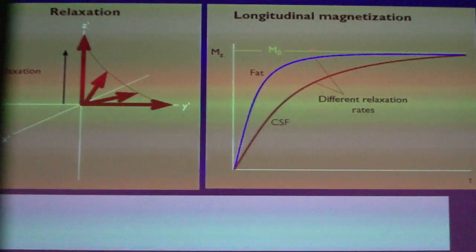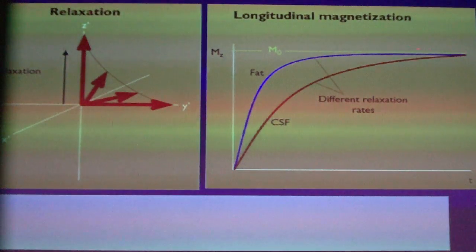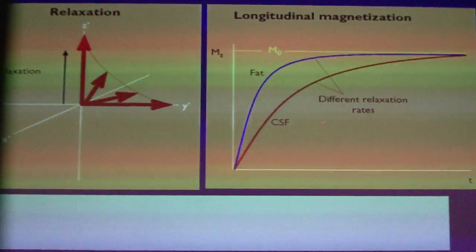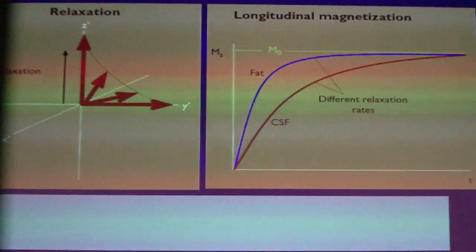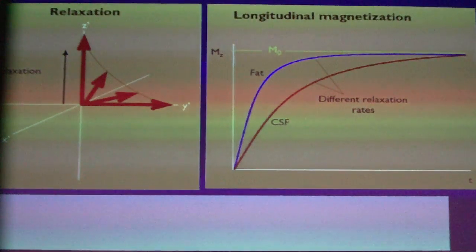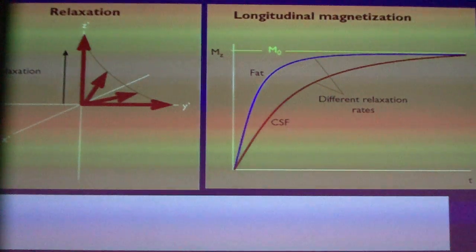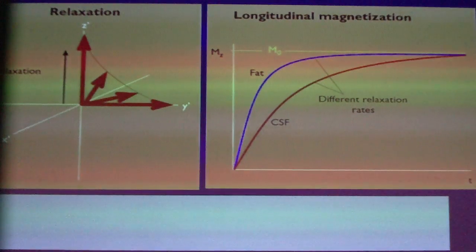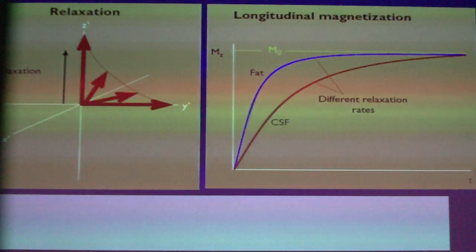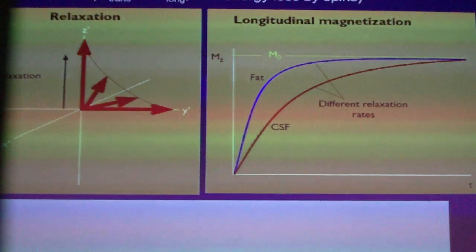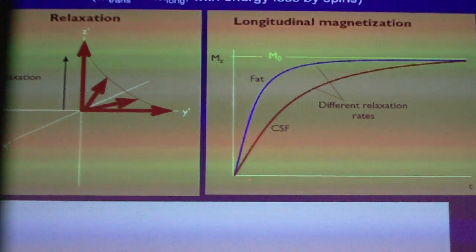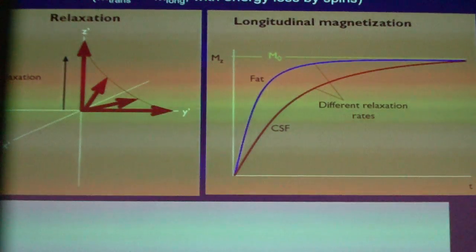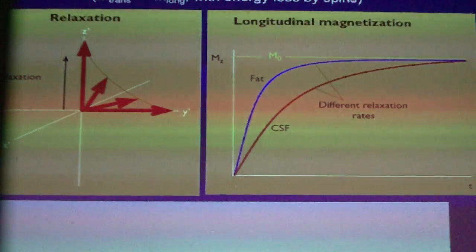So in fat, for example, it relaxes quite quickly if you compare it to cerebrospinal fluid. This is mainly water, and you see that everything that has structure, like big molecules, is shortening the relaxation time. So if you have pure water, the relaxation time is very long. So CSF is a lot like water, it relaxes slowly. So here we have differences, and we can use these differences to get the contrast.